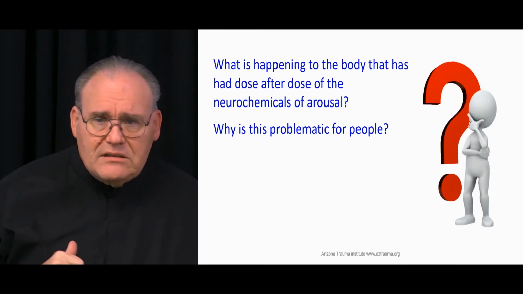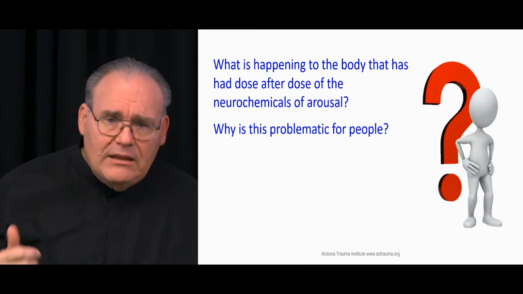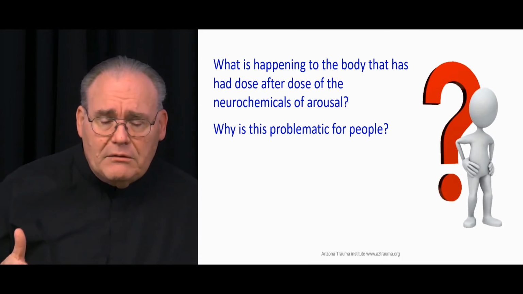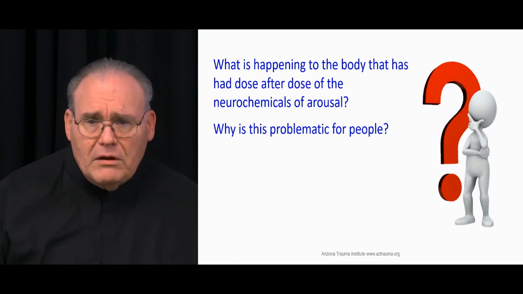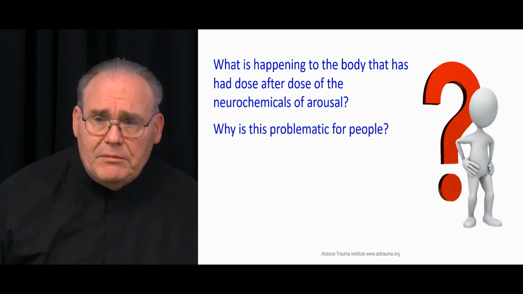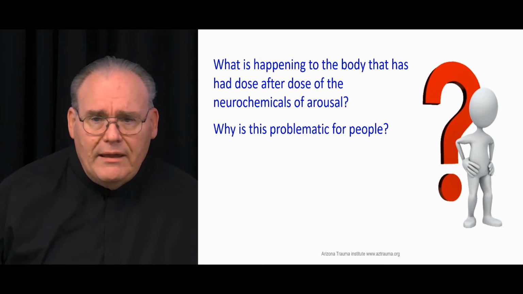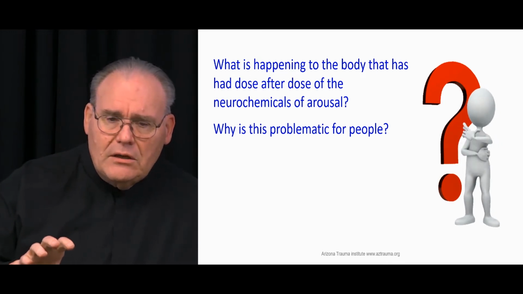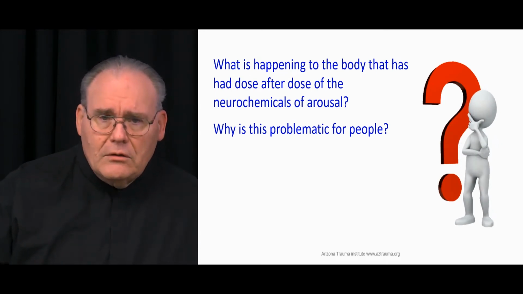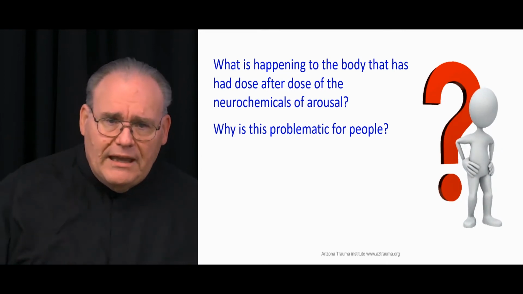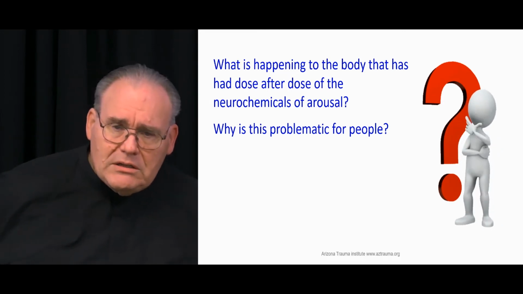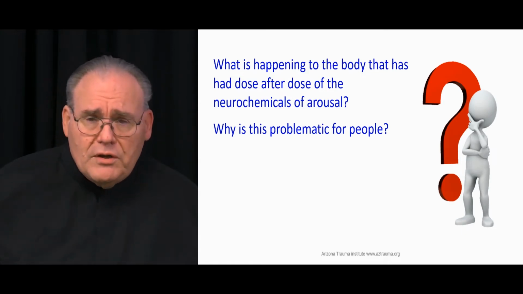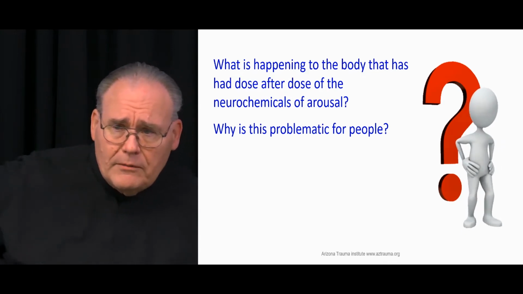They can't create serial memories very well. They can't use logic very well. They're not self-reflective very well. They're not self-evaluating very well. They have difficulty inhibiting their behavior. Why? Because all of those things are congruent with being above the threshold and having your body flooded with those hormones that we talked about earlier, the noradrenaline, adrenaline, and cortisol.